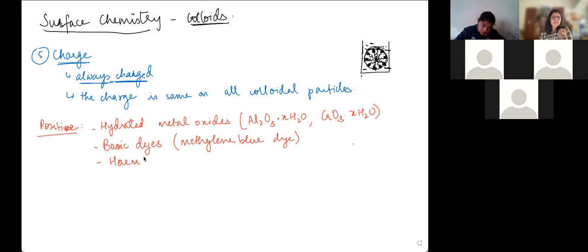So the iron contributes to the positive charge. If you prepare a sol of any metal oxide, you'll observe a positive charge on them, for example titanium dioxide sol.